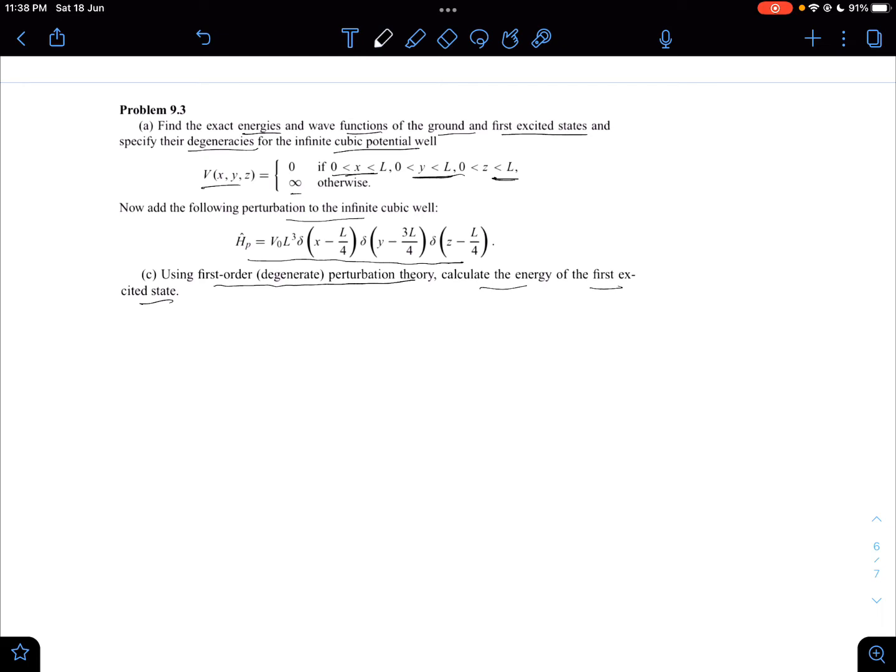So let us proceed. We know that the energy and wave function for an infinite cubic potential well of size L is given by the following.